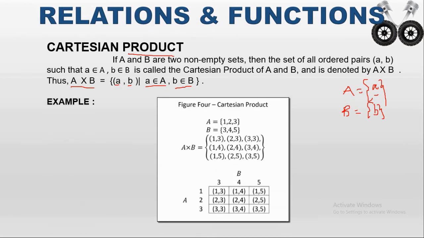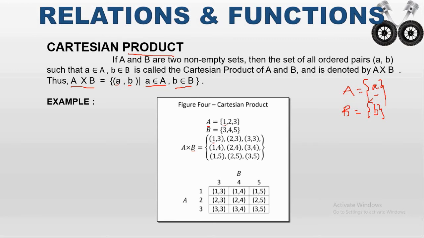Take an example. A equal to {1, 2, 3} and B equal to {3, 4, 5}. I want to write the Cartesian product A cross B. The first element should be the element of A, and the second should be the element of B. What is the first element of A? That is 1.